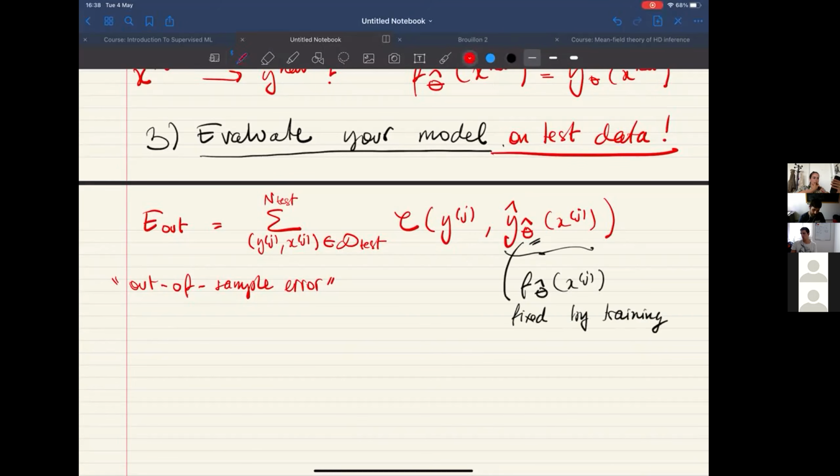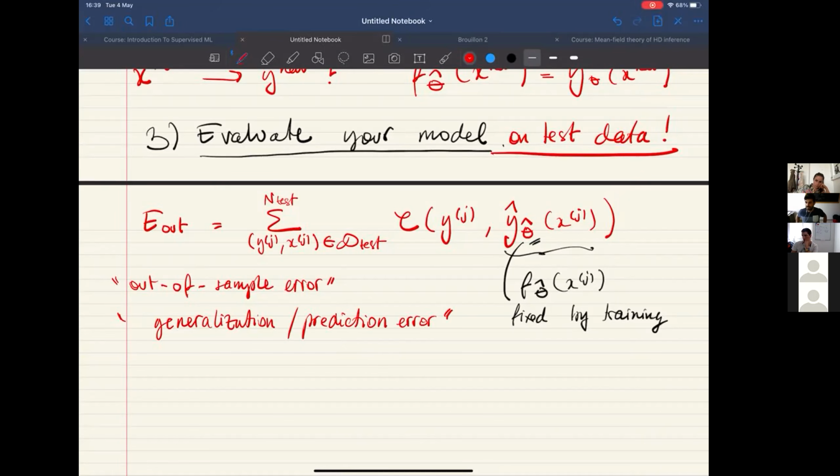And this out of sample error is also what we call, in books you may see a slightly different definition, but at the end it's the same thing. We also call it the generalization error, the generalization or prediction error. Or at least this is a good estimate of the true generalization or prediction error.